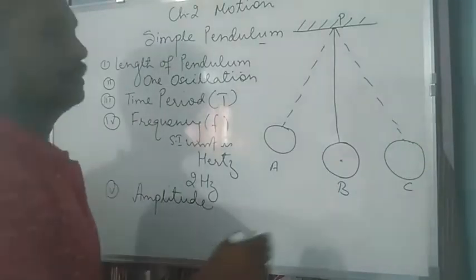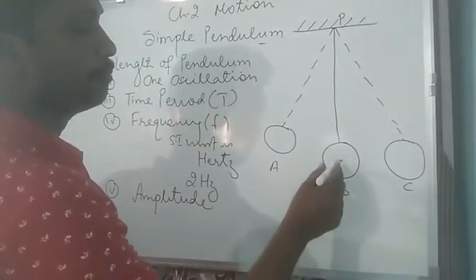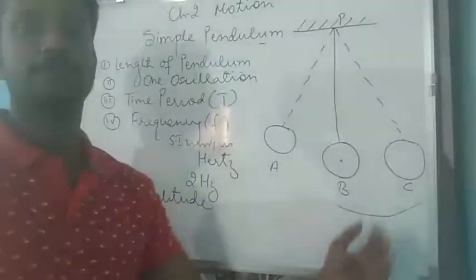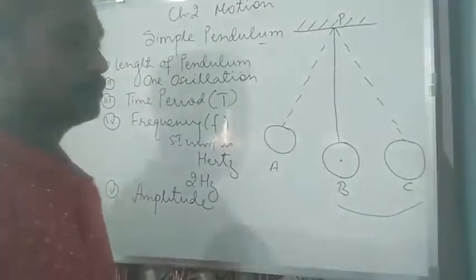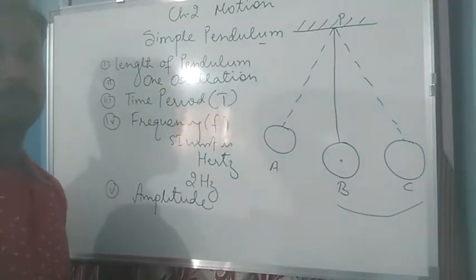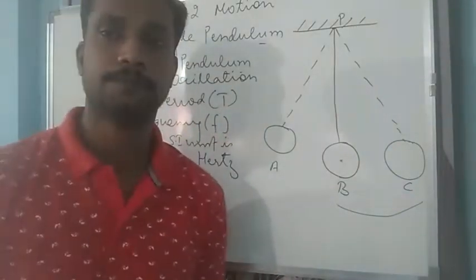So if from the mean position B the pendulum reaches point C by covering a maximum distance or displacement, this maximum displacement is called amplitude of the pendulum. I hope it is clear.